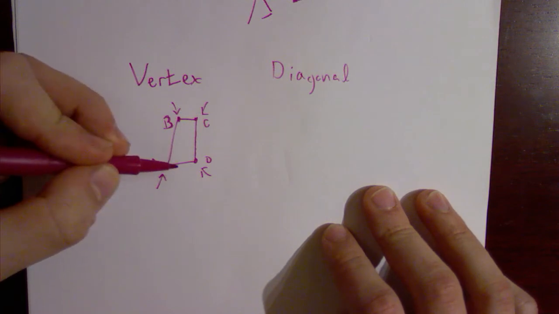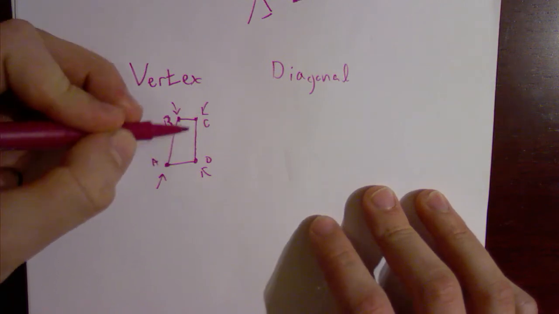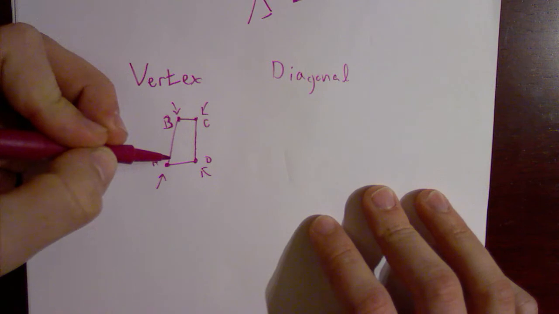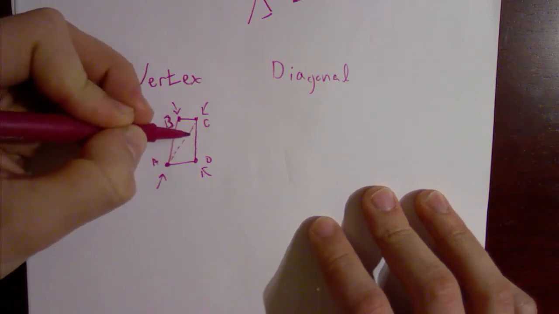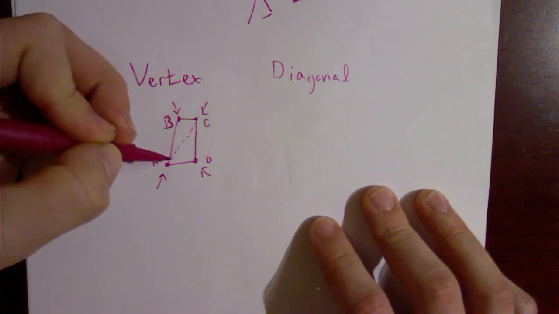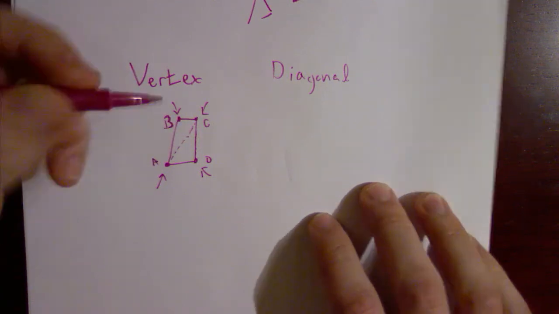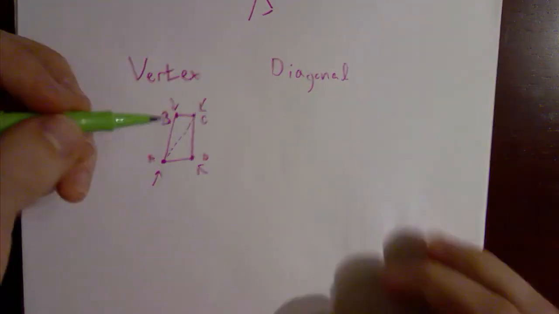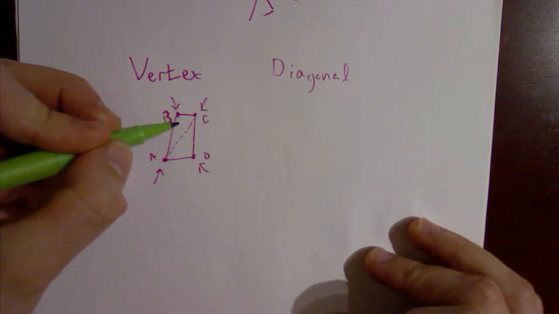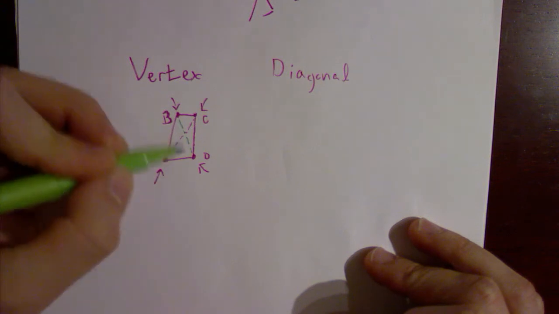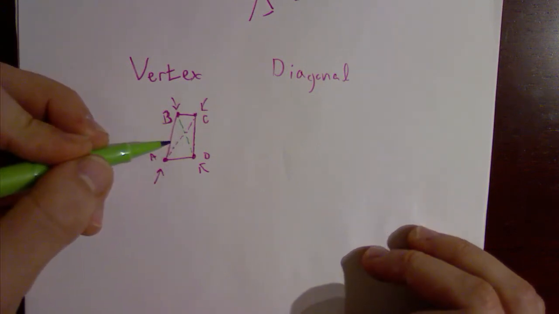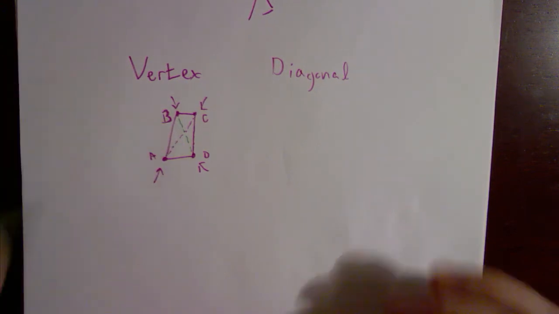A and D are adjacent. They're next to each other. But A and C are not adjacent. So I can make a diagonal, which is just a straight line between these two vertices. Similarly, the other diagonal in this polygon is between B and D, because B and D are not adjacent.